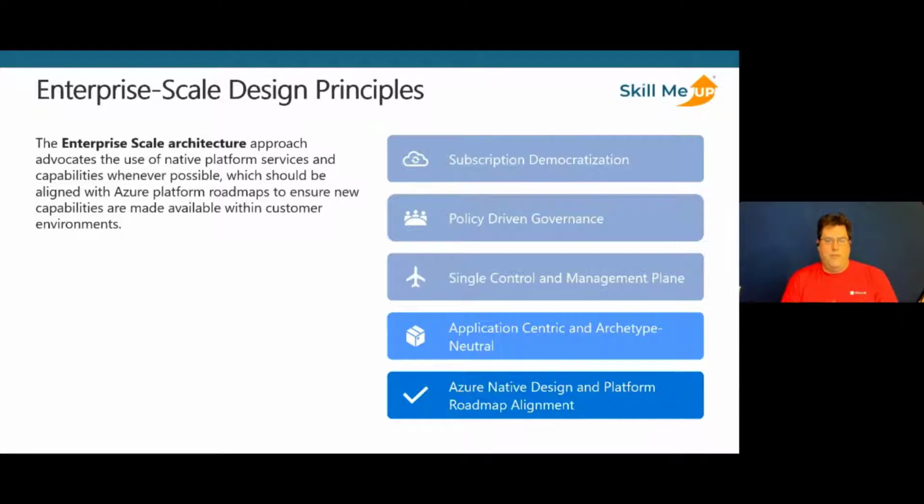And now we have those aligned with the Azure platform roadmaps to ensure that new capabilities are made available as they become available within the customer environments. So now we've provided our flexibility and our ability to scale and leverage Azure to its fullest extent.